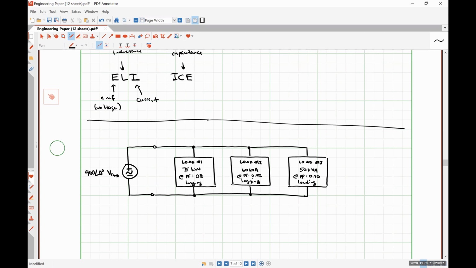If we know how our loads are going to behave, let's figure out how much current is leaving our source. One reason why we might be interested in this particular quantity is because we might be trying to size the wires that we're running from our transmission line to our loads.